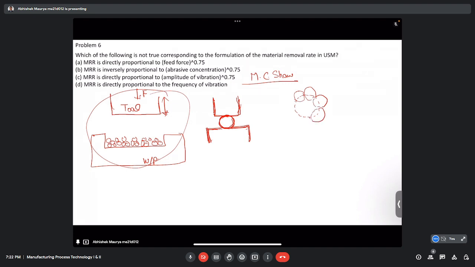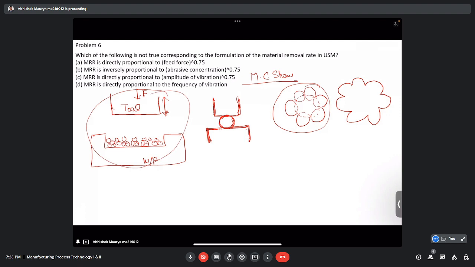He assumed a sphere where there are several spherical projections on the periphery of the sphere. If you see the overall shape of the abrasive, it is something like this. Rather than a sphere, the shape of the abrasive is something like this.